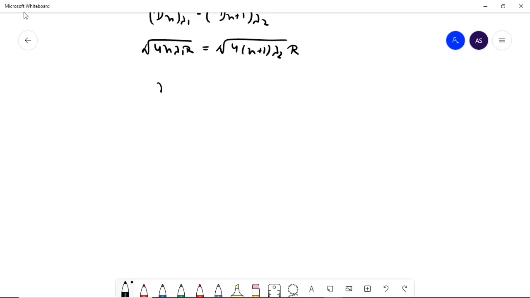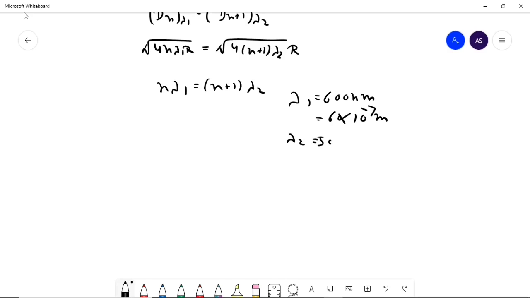Now from this relation, you will find the value of n. It means n lambda 1 is equal to (n plus 1) lambda 2. Lambda 1 given in this question is 600 nanometer, which you can write as 6 into 10 to the power minus 7 meter, and lambda 2 is 500 nanometer, which is 5 into 10 to the power minus 7 meter.